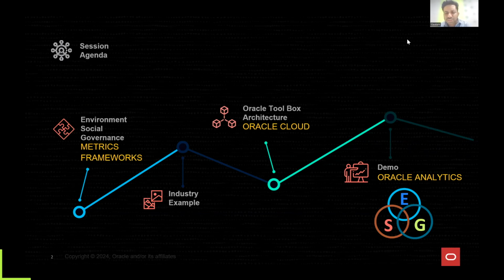Once we cover the industry example, we'll take a look at the architecture, what can enable you to collect all these metrics, consolidate them, calculate them, and then enable organizations to visualize this information and gain advanced insights from the data captured from the different data sources. And once we cover the architecture section, we will get into the demo session.